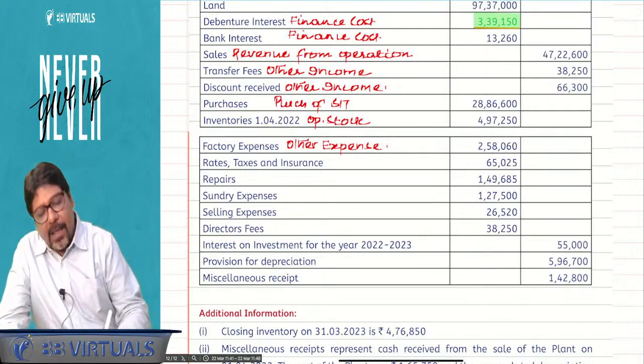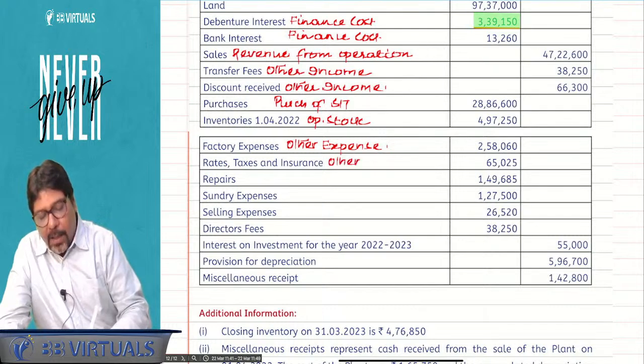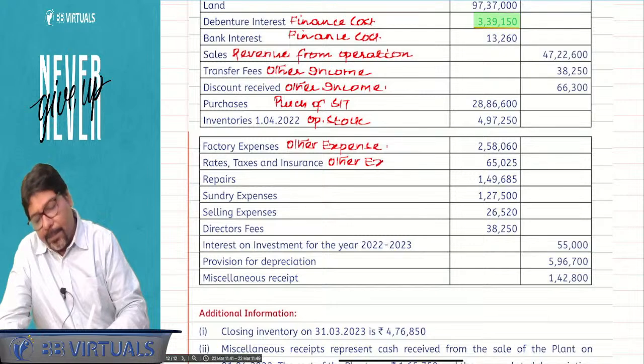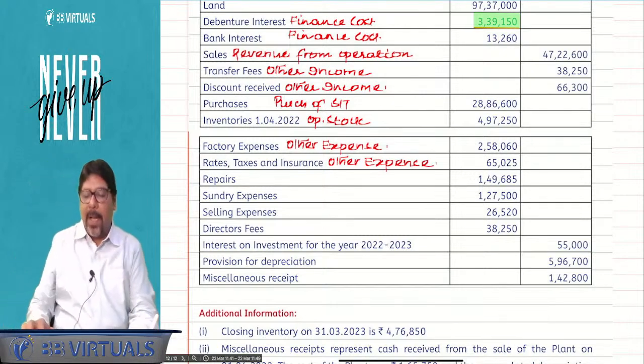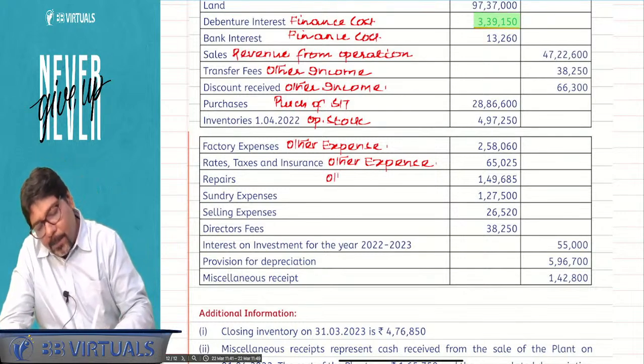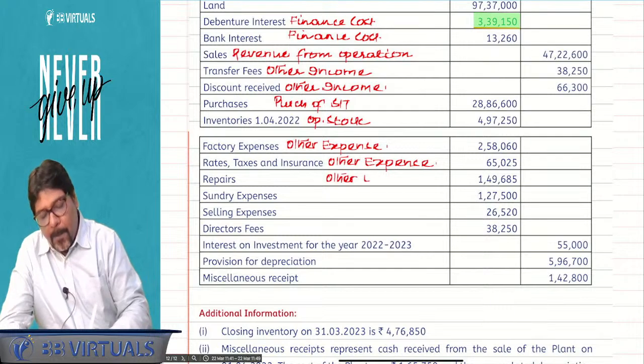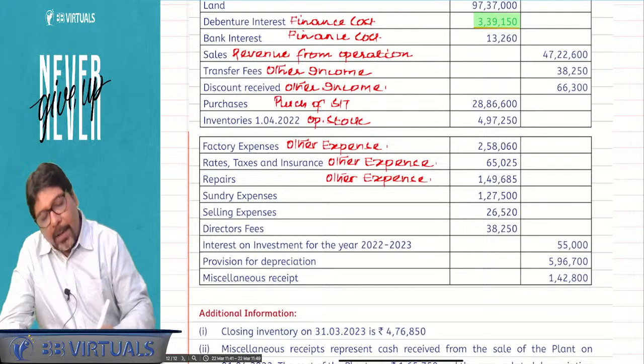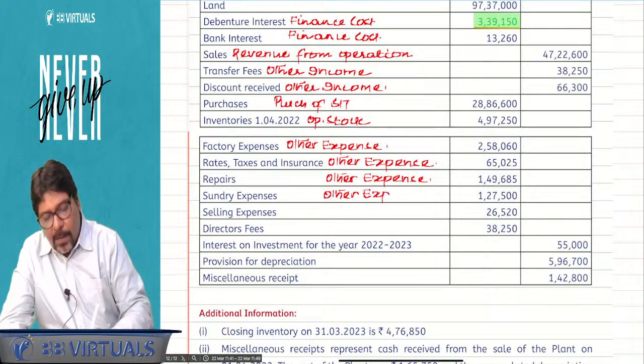Rent, rates, taxes and insurance. It will come under the head other expenses. Correct. Repairs will also come under other expense. Sundry expense, other expense.